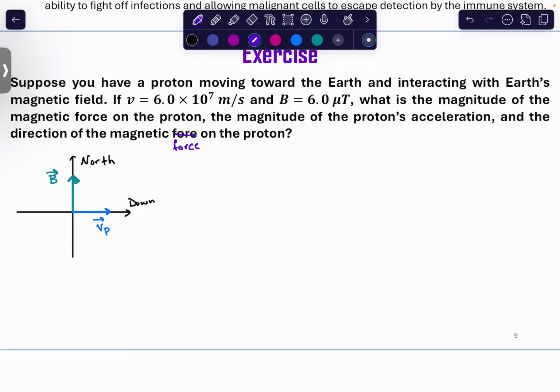I get turned around in here. So if you have a particle, we can represent it this way to get the idea of that 90-degree angle. If you have a magnetic field going that way and a particle going that way, they're at 90 degrees to one another. So we can represent it on a 90-degree angle.